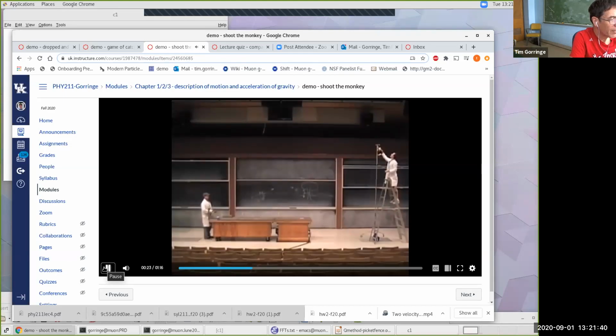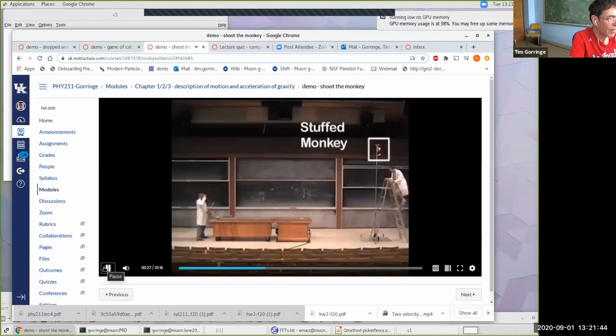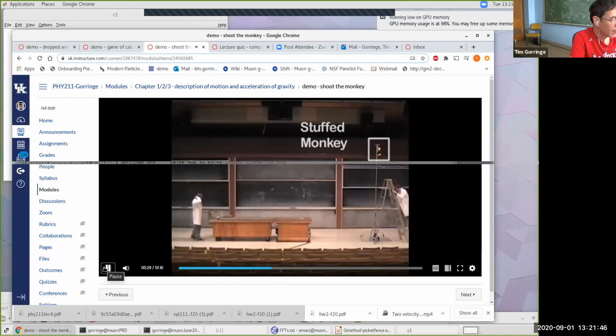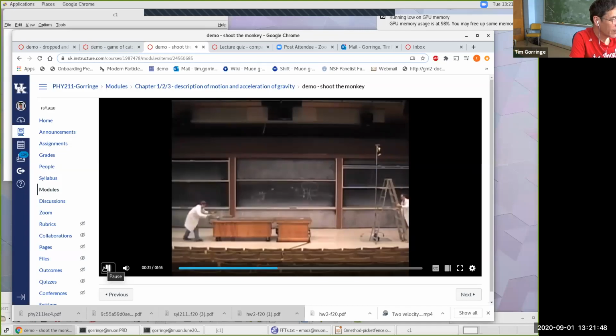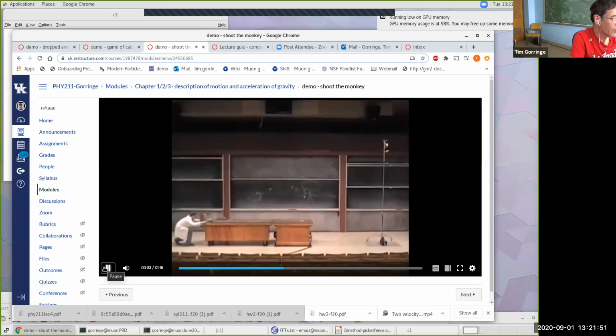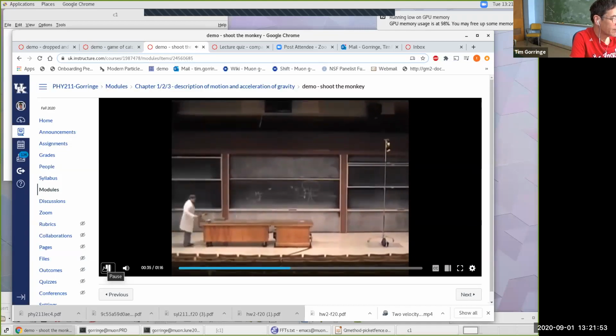So there's the monkey being placed in the tree, and it's held there by an electromagnet. And this is me on the left. I'm going to shoot the monkey. And so I'm inserting the bullet.